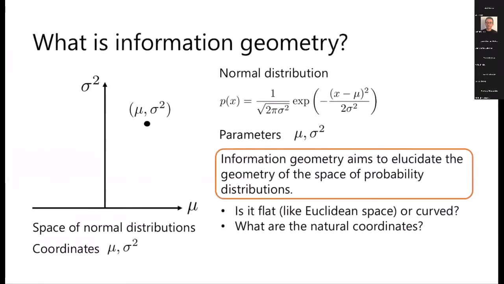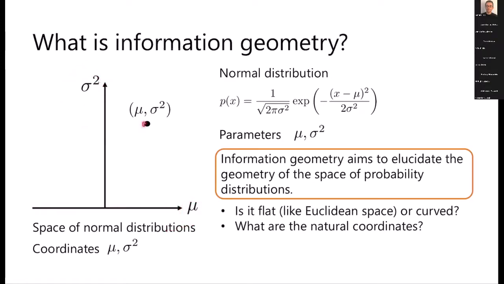First of all, what is information geometry? In information geometry, we consider the space of probability distributions. The simplest example is the normal distribution, which is parameterized by two parameters, the mean mu and the variance sigma squared. So this is a two-dimensional space parameterized by mu and sigma squared.